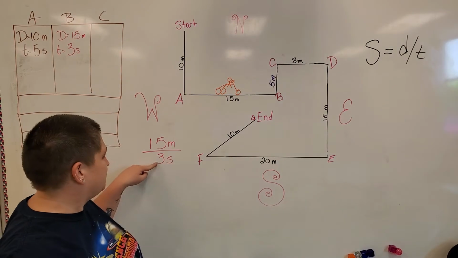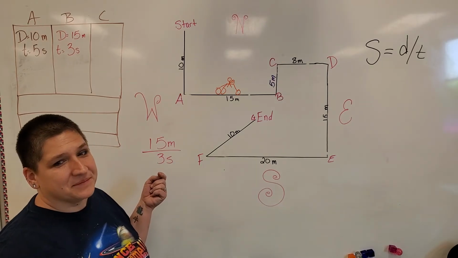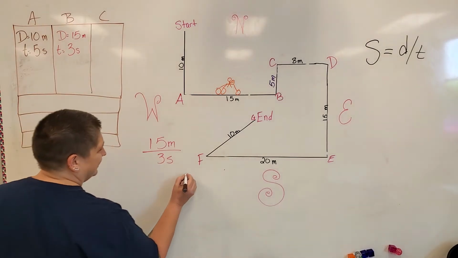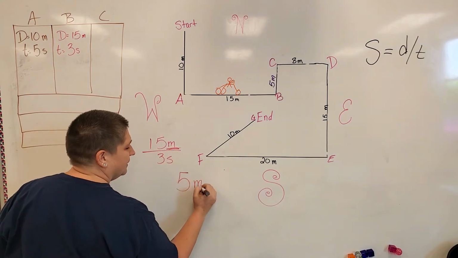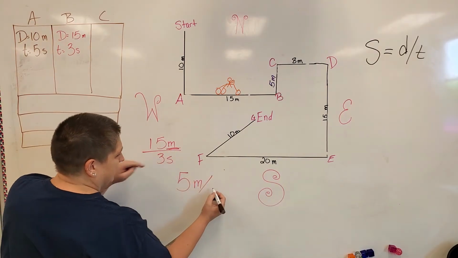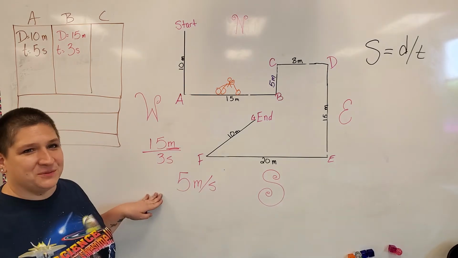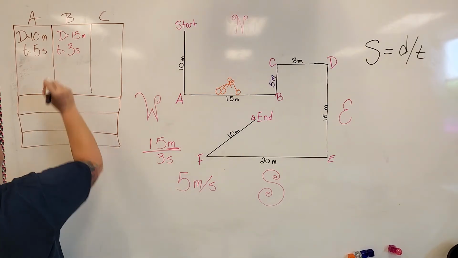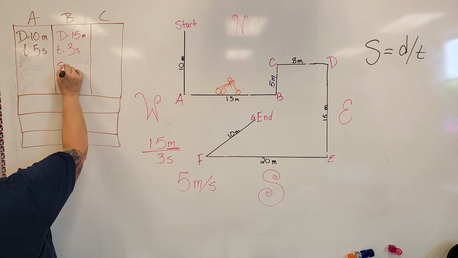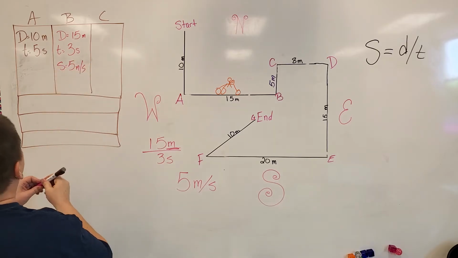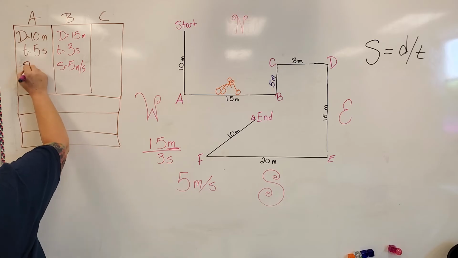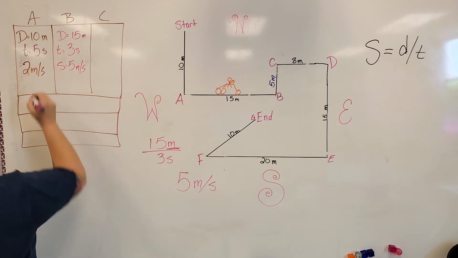How many times does 3 go into 15? 5. 5 what? 5 meters per second. So I would write my speed up here in my chart, 5 meters per second. My first one was 2 meters per second.